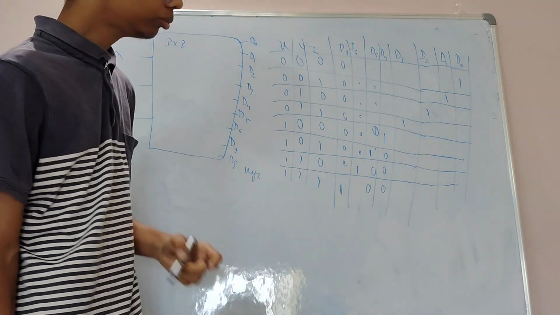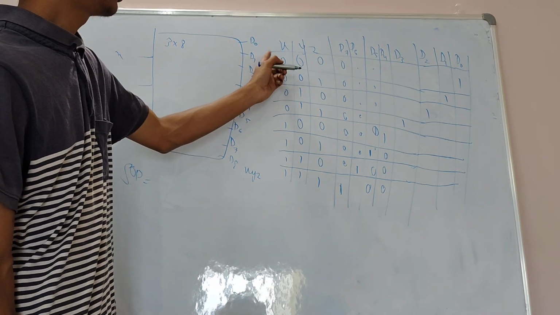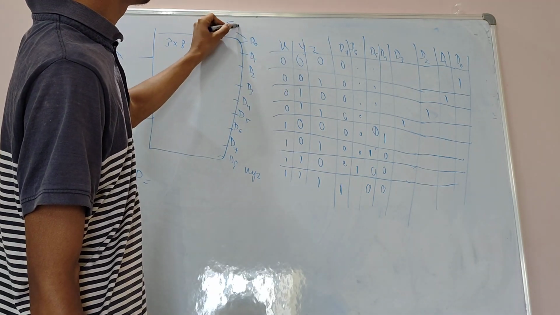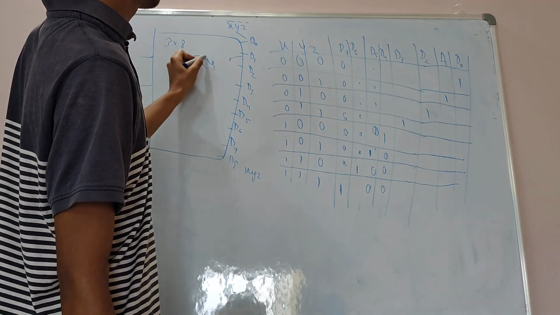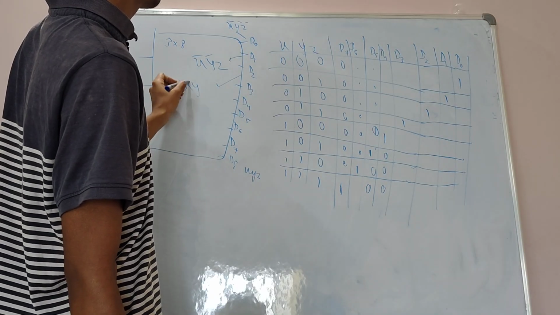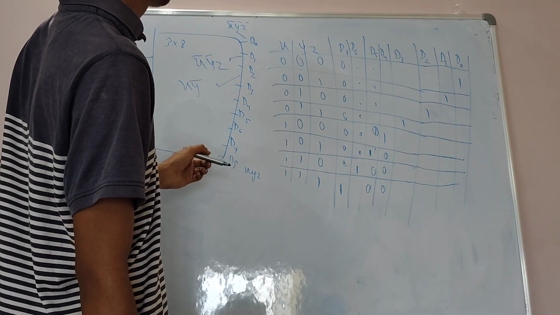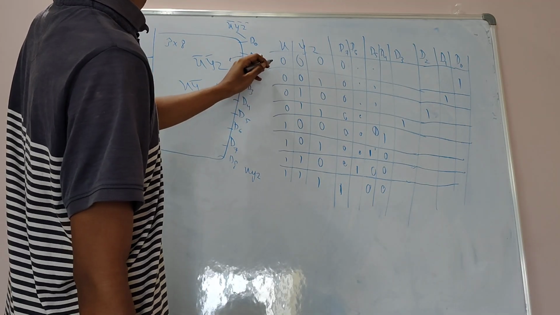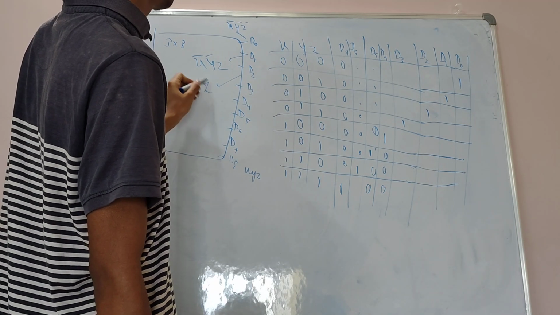So what will I write here, SOP? I will write X bar, Y bar, Z bar for this. For D1 I will write X bar, Y bar, Z. For D2 I will write X bar, Y, and then Z bar.